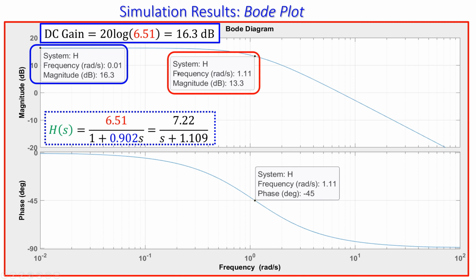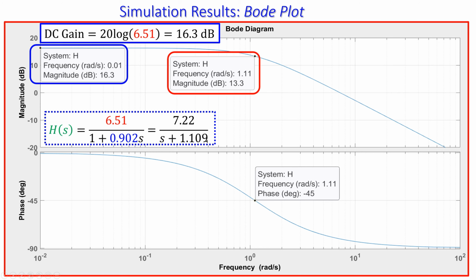What I also see is, if I want to determine the cutoff frequency, in this case since it is a low pass filter, and also the bandwidth, I can see that if I go down by 3 dB from this DC value of the response, I get 13.3 dB, and this will be at the frequency of 1.11 radians per second.